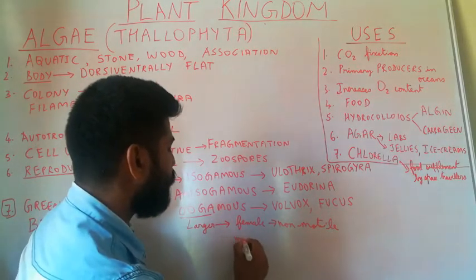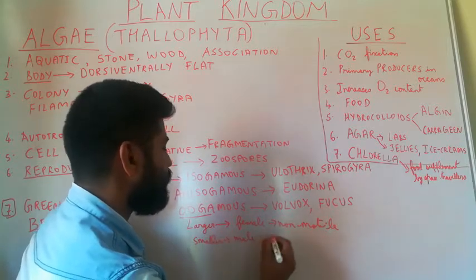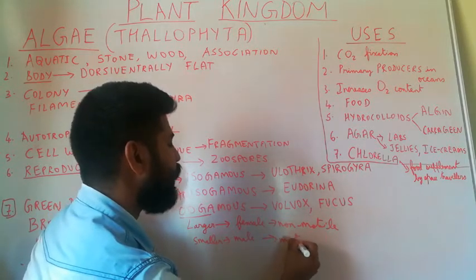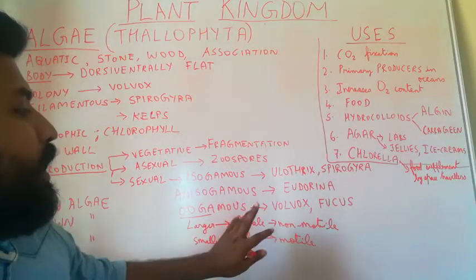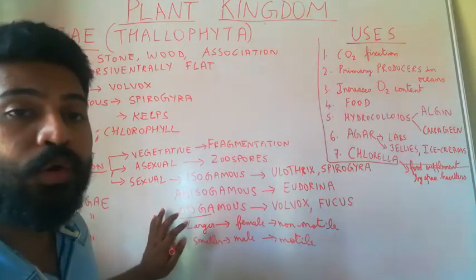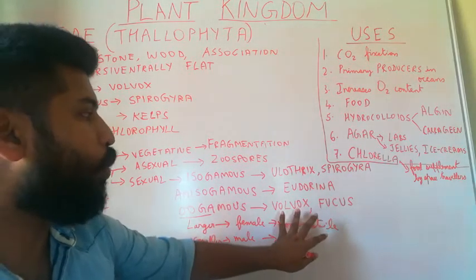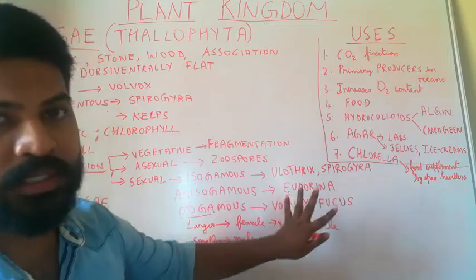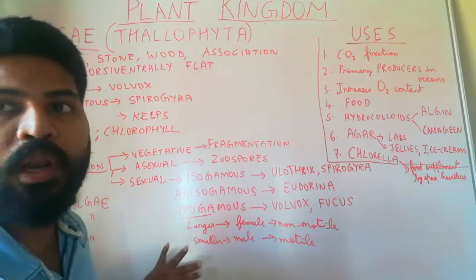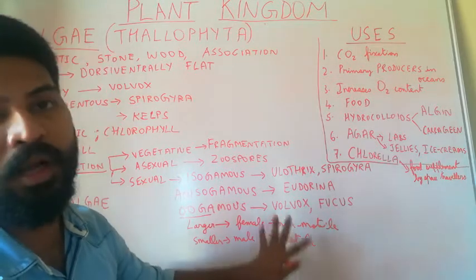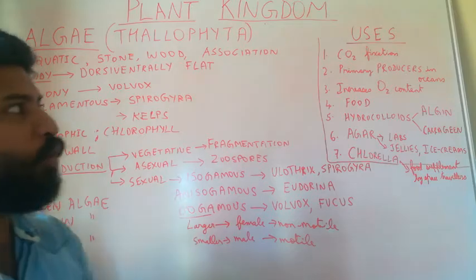Whereas the male gamete is usually smaller in size and it is the one which has to move and reach the female gamete. This is what is called oogamous type of reproduction. Example, volvox and fucus. So the larger gamete is female and it is non-motile, whereas the smaller gamete is a male which is motile. So these are the different types of reproduction seen in Thallophyta.